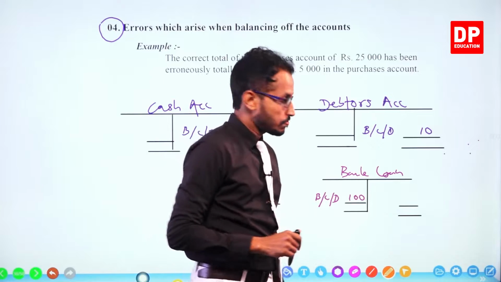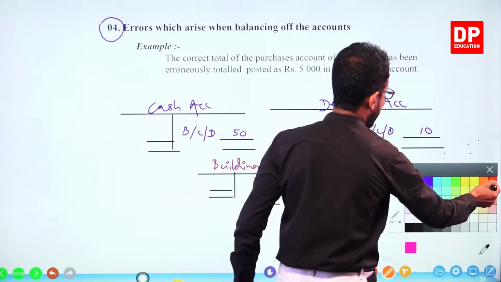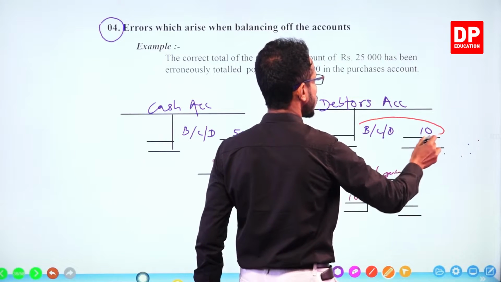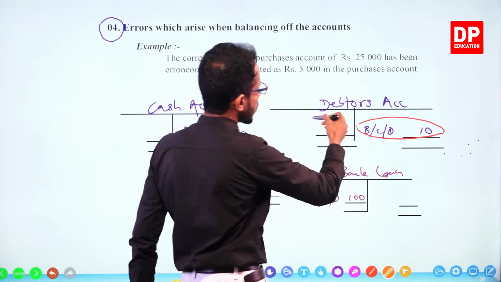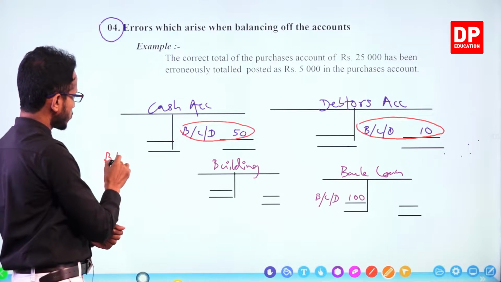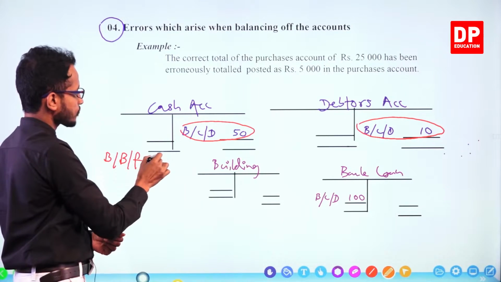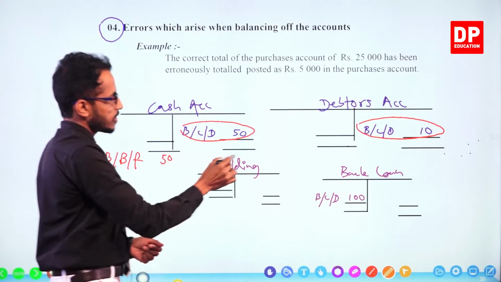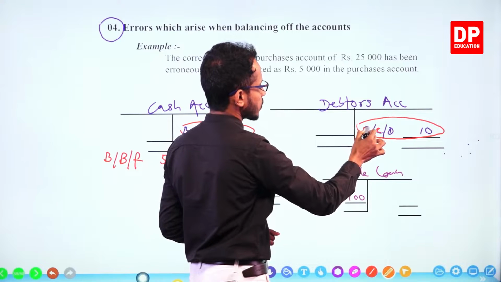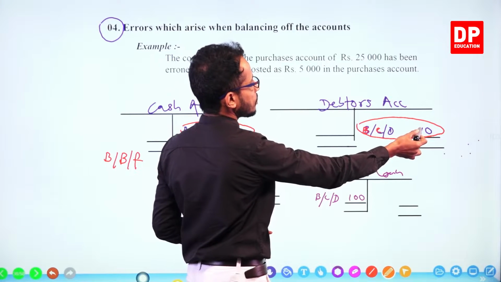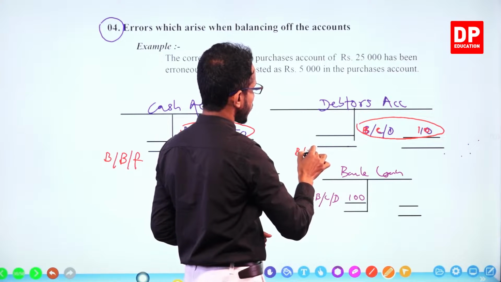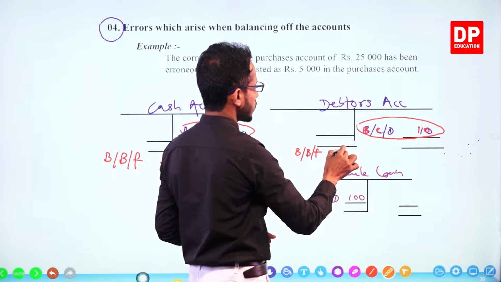Not the BCD, you take the BBF, the balance brought forward. So if the balance carried down is on the credit side, the balance brought forward should be on the debit side, 50. Here also, if the balance carried down is on the credit side, 10, the balance brought forward should be on the debit side, right? 10.